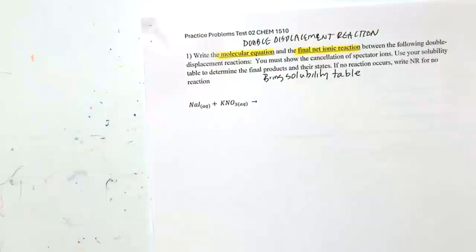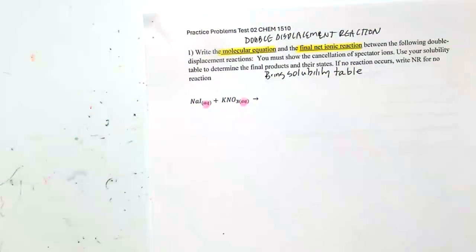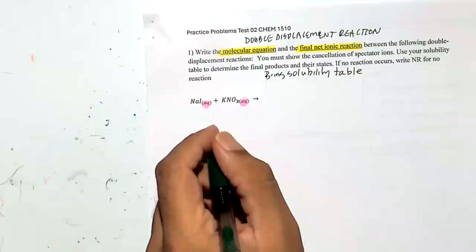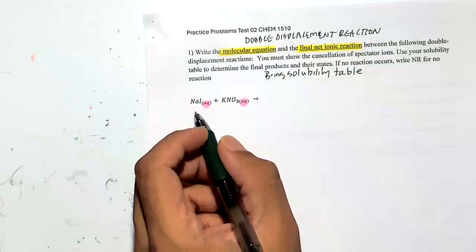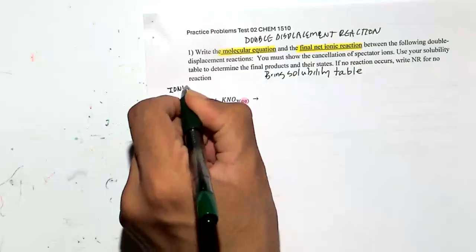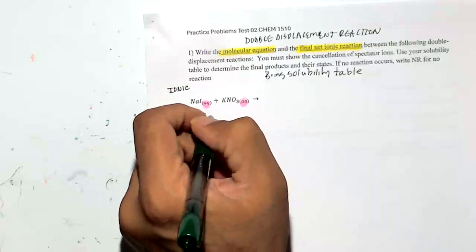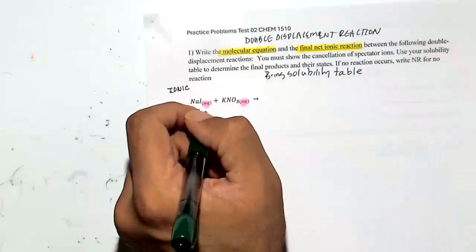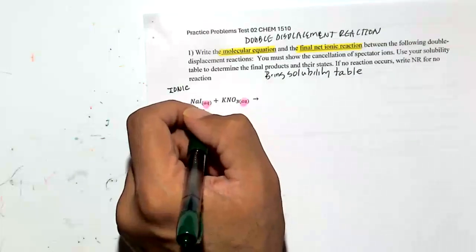So sodium iodide, aqueous means that it's dissolved in water. Sodium iodide dissolved in water is not sodium iodide. In fact, if it's ionic, the water, which is the solvent in aqueous, splits this into individual ions.